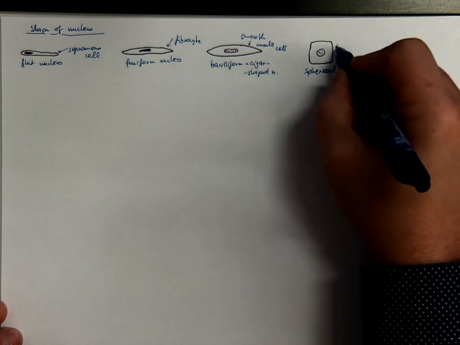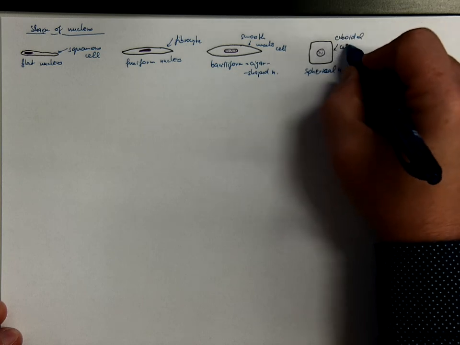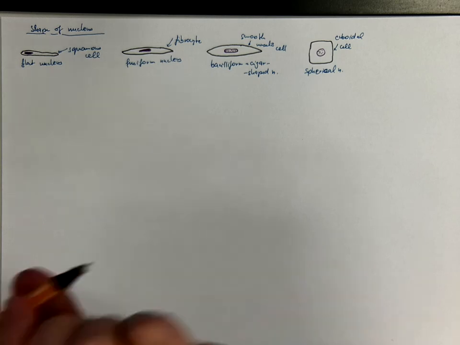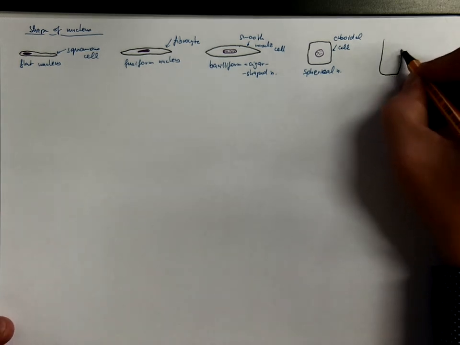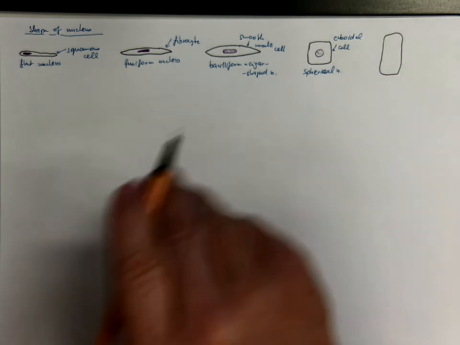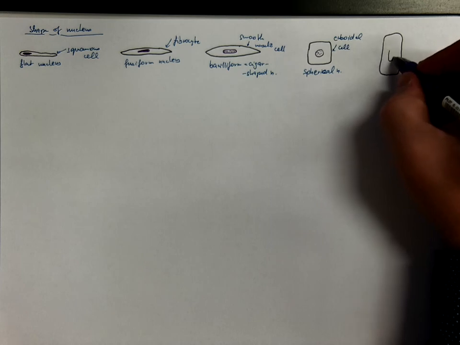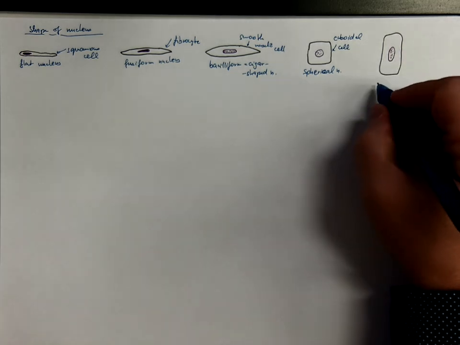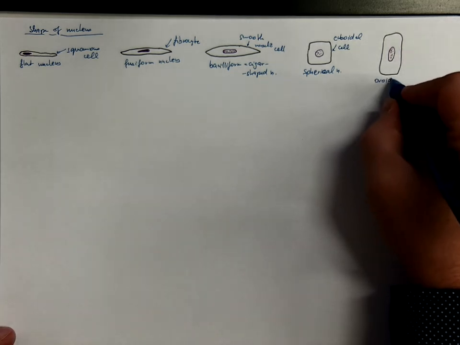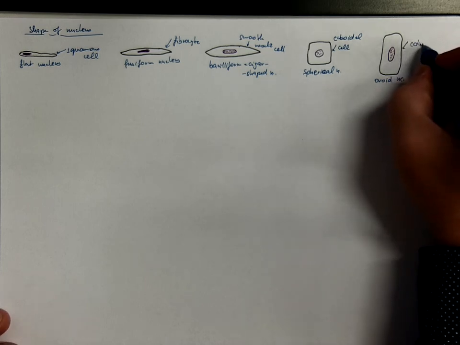Spherical nucleus in cuboidal cells, while columnar cells, those with one dimension exceeding the other dimensions, also the nucleus is usually elongated in the same direction. So you can call it ovoid nucleus in columnar cell.